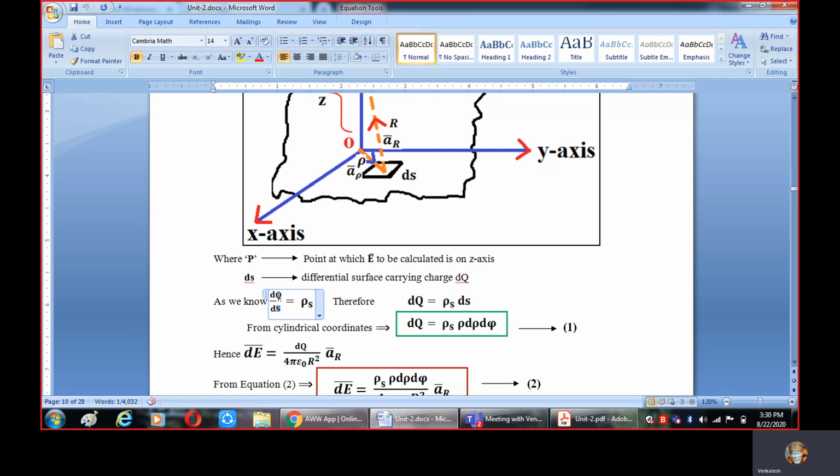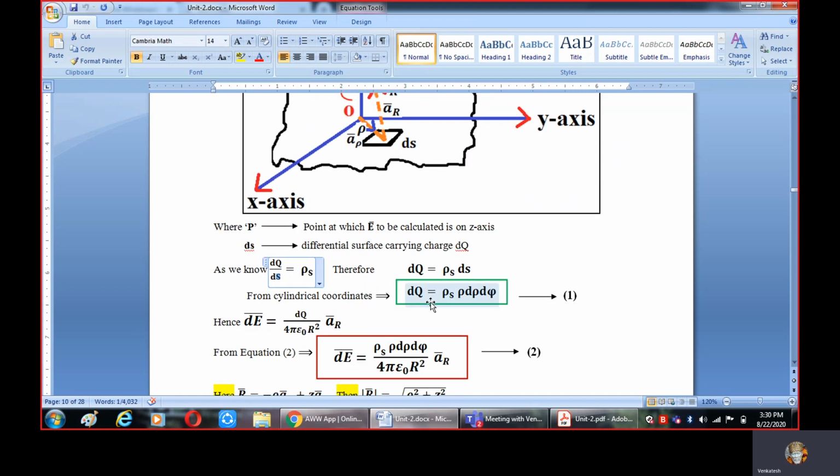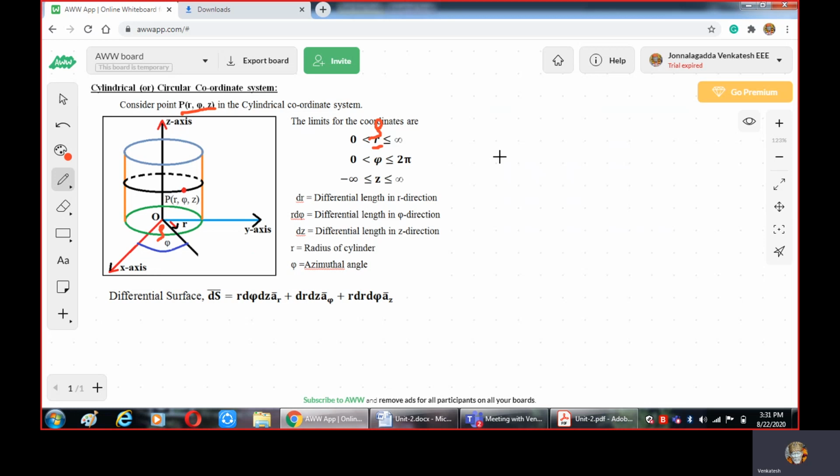So from this equation we can write dQ is equal to rho s into dS. dQ is equal to rho s rho d rho d phi. How has this equation been written? Here rho s is rho s, dQ is dQ, and in place of dS I am writing rho d rho d phi.